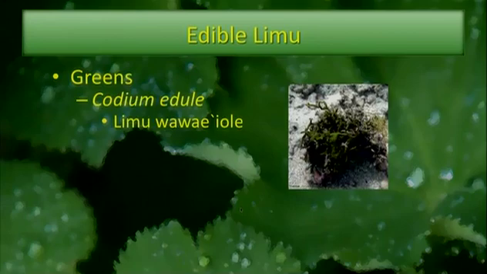It's coenocytic, which means the body or thallus of the algae is all one cell. The body doesn't have cross walls, so you have many nuclei in the same body. So this is also a favorite eating alga.